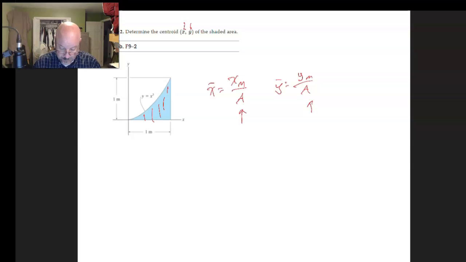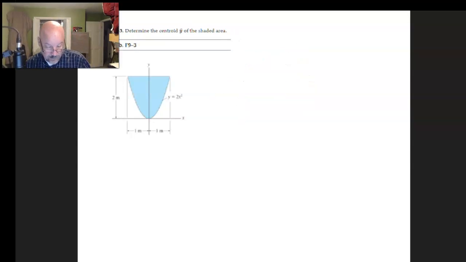Then your x m and y m are just going to be x dA and y dA respectively. The next one, again, same idea here. By the time you get to that one, you'll be like, oh yeah. So not too bad here. Not too bad at all.